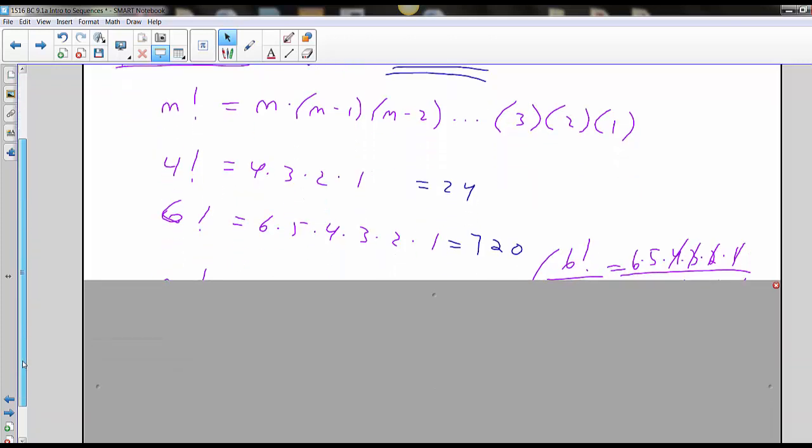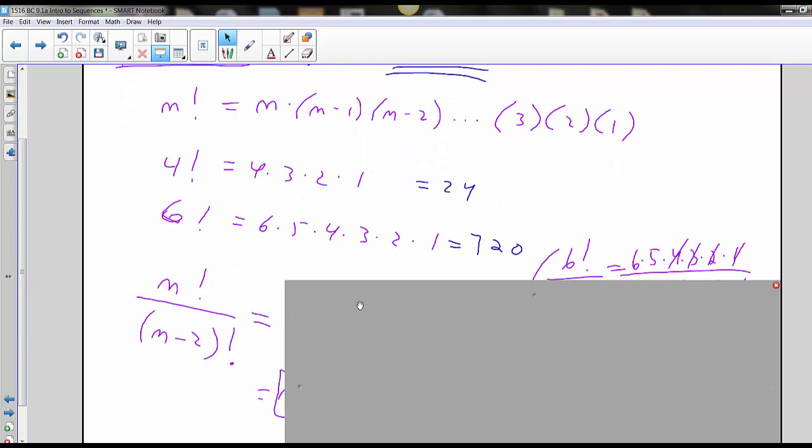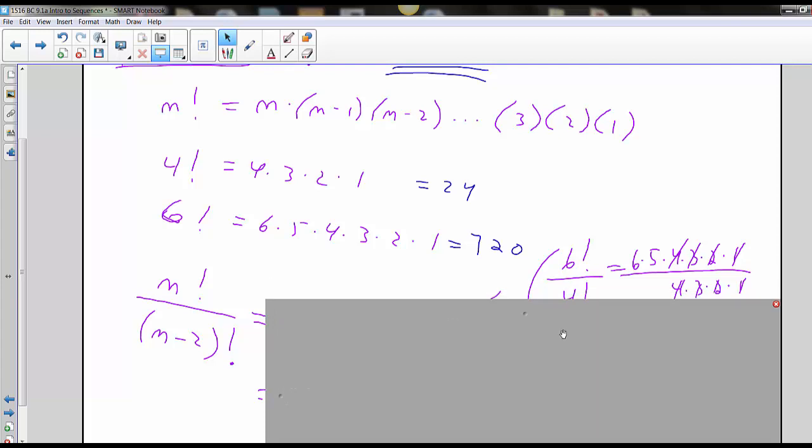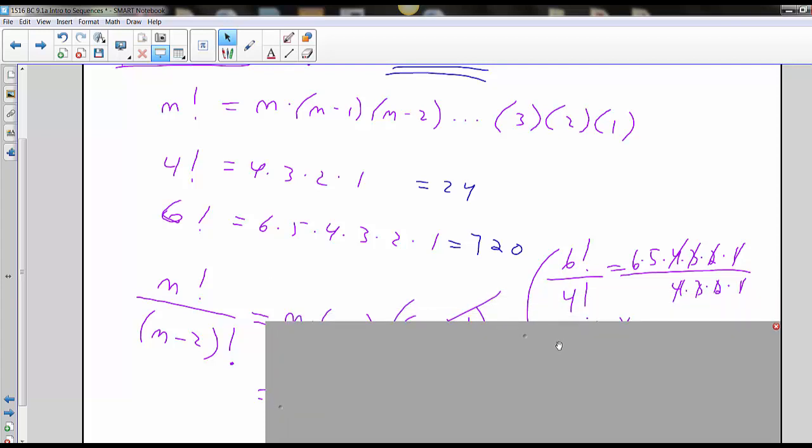Now, there are ways that we can simplify factorials. For example, n factorial over n minus 2 factorial: if you think of n as being 6, that would be 6 factorial over 4 factorial. If you wrote all that out, the 4 times 3 times 2 times 1 would cancel, and you'd just be left with 6 times 5.